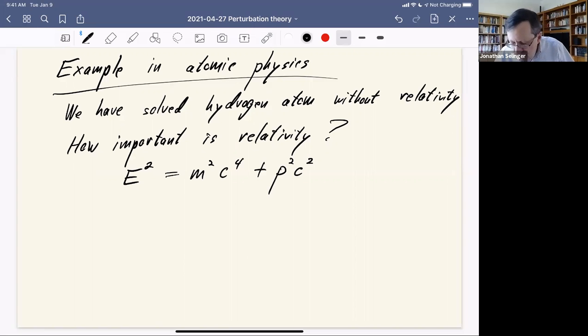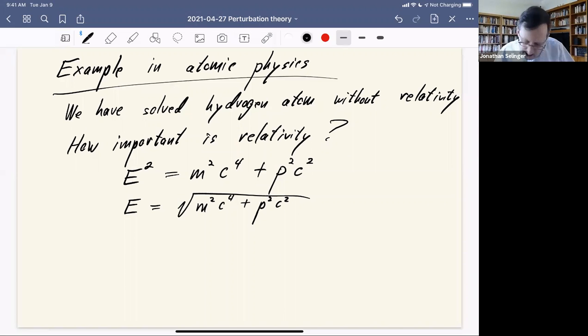This gives us a relationship between energy and momentum, which is a little bit different in relativity than it is in classical non-relativistic physics. If we take the square root of both sides, E is the square root of m squared c to the 4th plus p squared c squared.